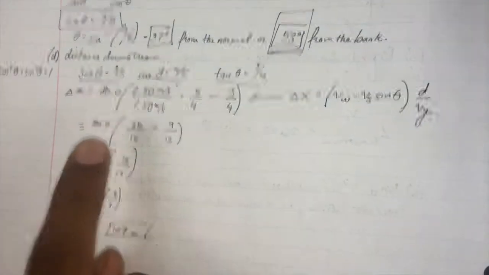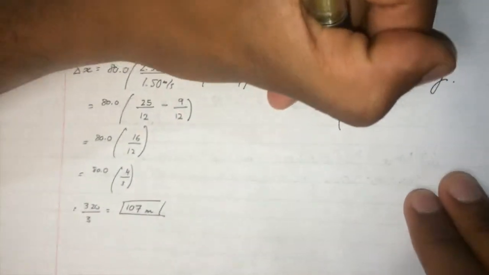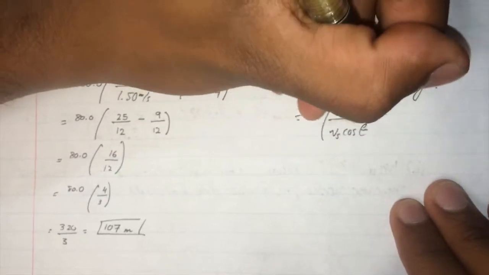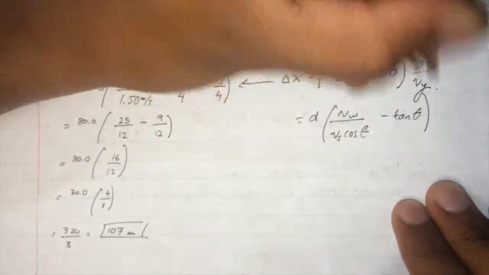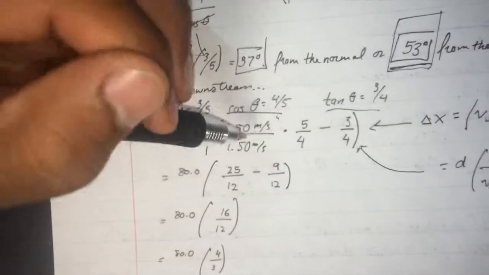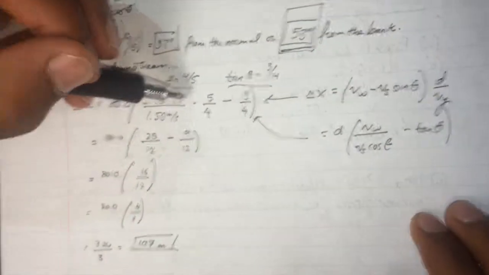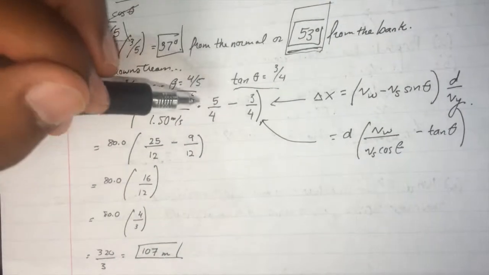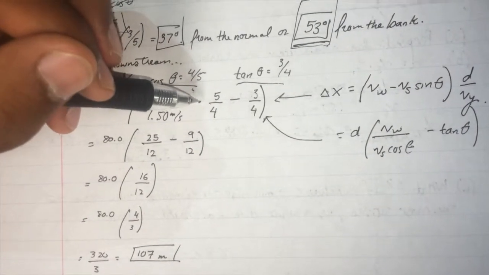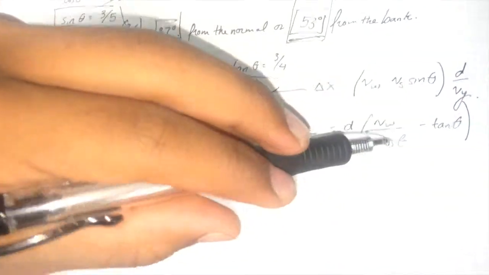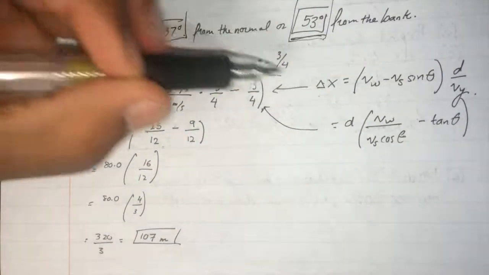And then we simplified it later to be d times Vw over Vs cosine theta minus tangent theta. So now we get that, right? Our distance is 80.0 meters, and our Vw over Vs is 2.50 meters per second over 1.50 meters per second, times 5/4, which is essentially the opposite of cosine theta. Secant theta is 5/4, then minus 3/4.